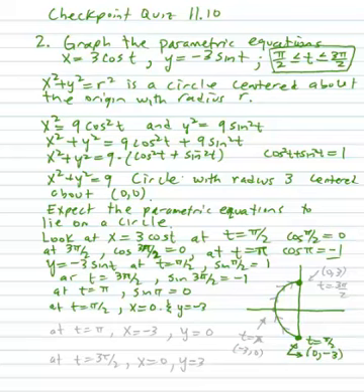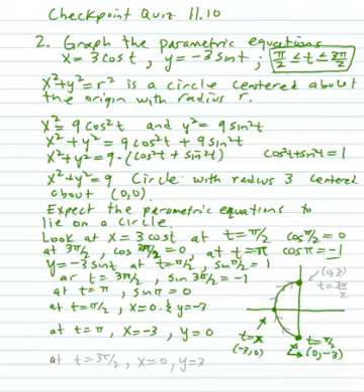Now, as we increase t to pi, x is 3 times the cosine of pi, that is 3 times negative 1, gives us x equal negative 3. And y value at pi is 0. This point is at t equal pi. We have a point of negative 3, 0.